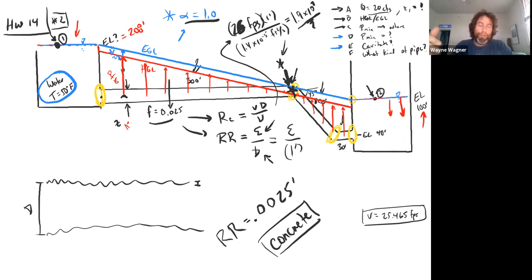Well, the problem is the friction factor depends on the relative roughness and the Reynolds number, and both of those depend on the diameter. So you can't solve for the diameter without the friction factor, but you can't solve for the friction factor without the relative roughness and the Reynolds number, neither of which you can get without the diameter. So this is like a circular logic problem, and we basically have to iterate in order to get our solution.